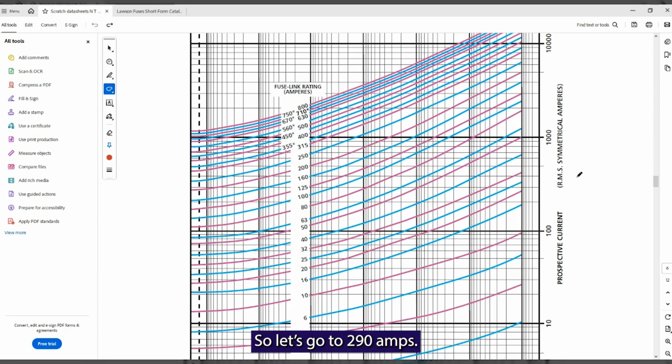So let's go to 290 amps on the right hand side. That's 100, 200, that's 300. So 290, somewhere around there. We'll draw a line across this point. So that's your 290 amp line.